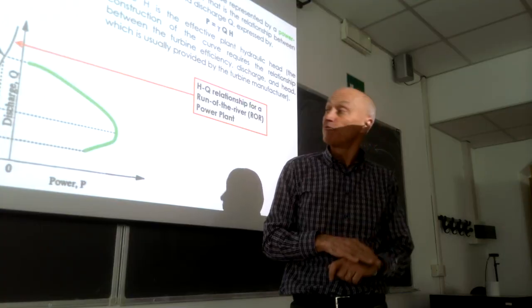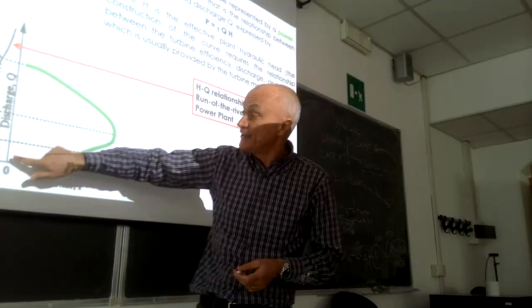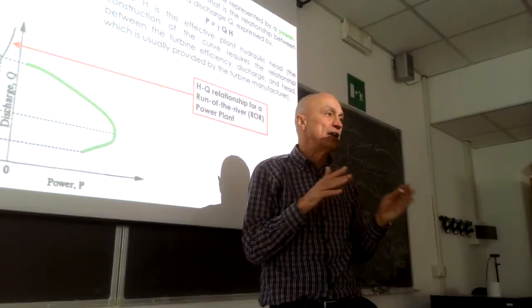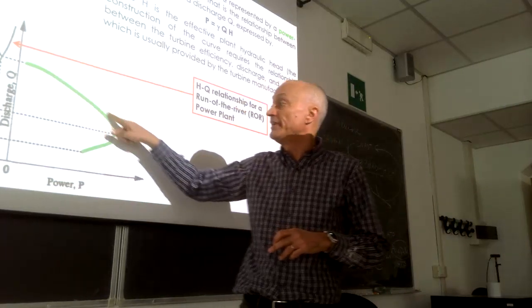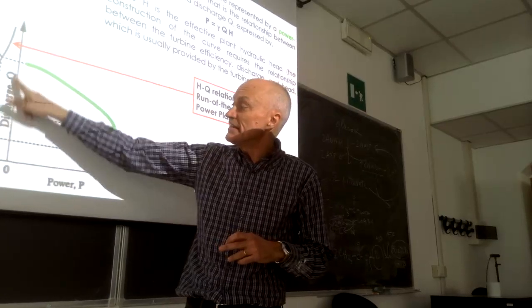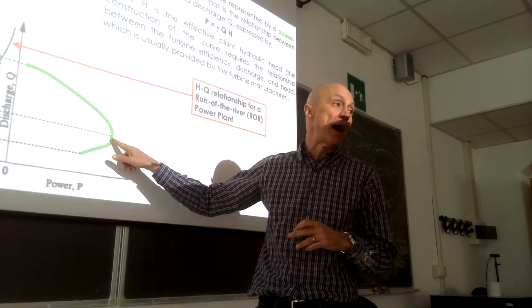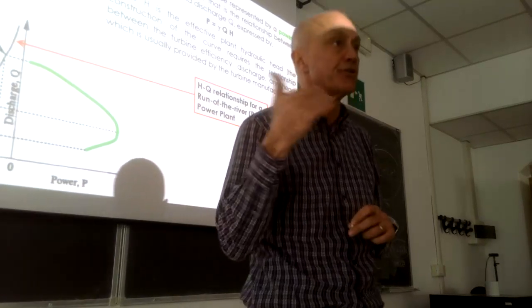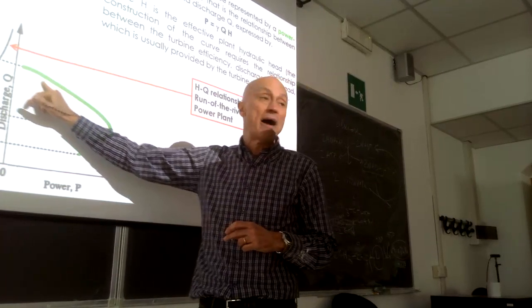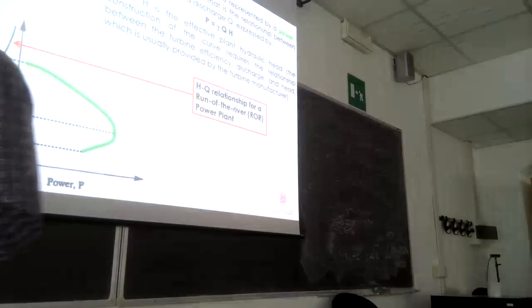By increasing the discharge sent to the turbine, you have a first part in which you also increase the power, but then beyond a certain discharge value, the power goes down. We will see why. Okay? Keep in mind that this is the expression for evaluating the power.